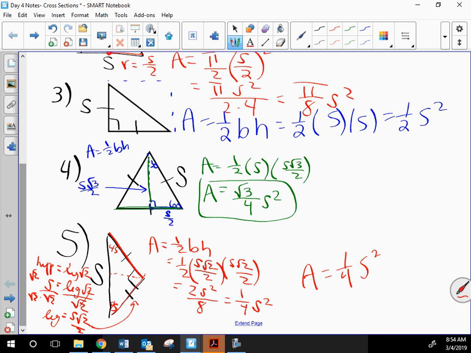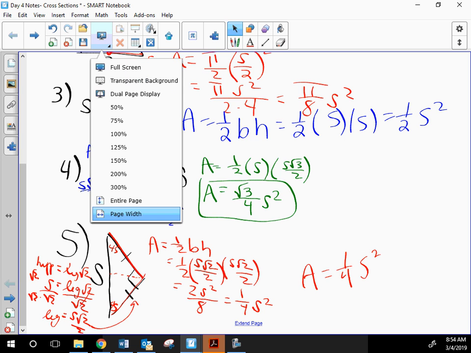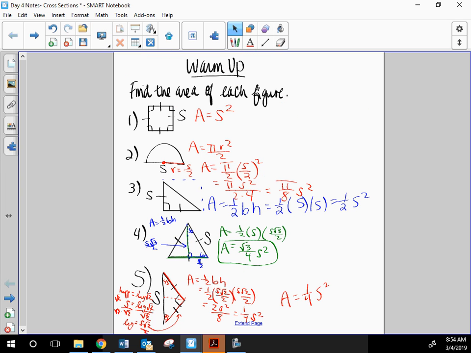So all we did here was just some geometry, but leaving it in terms of our side. So this is going to be super beneficial for us today. We take a look at these.